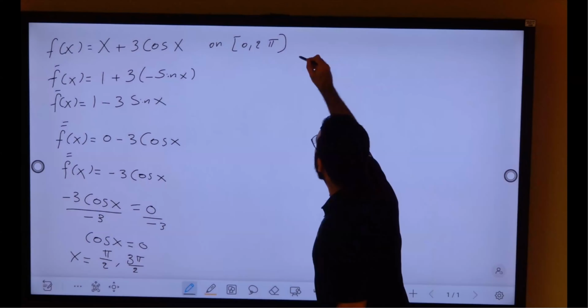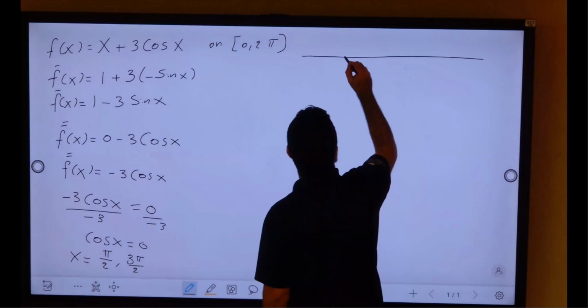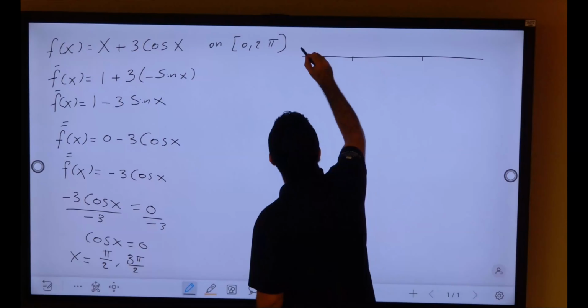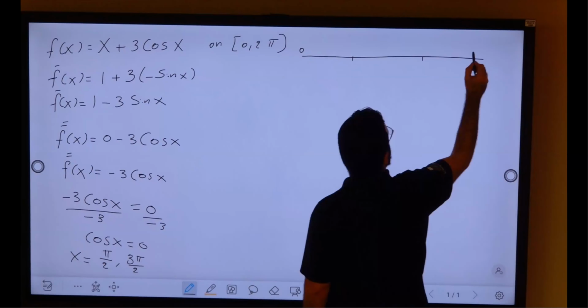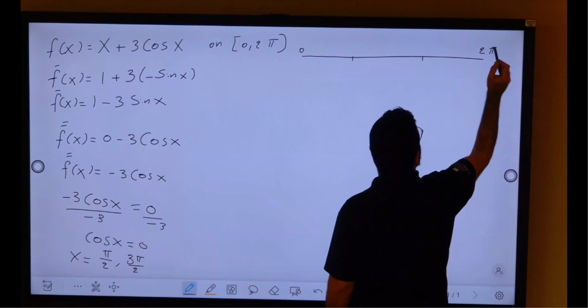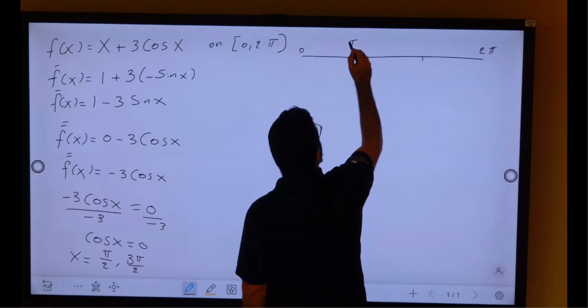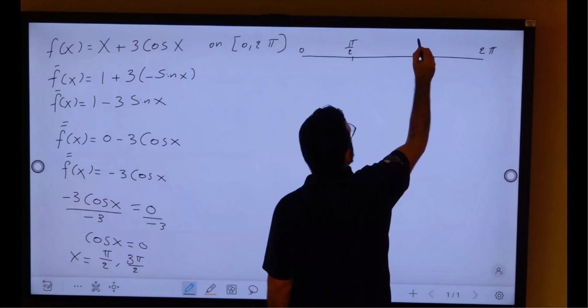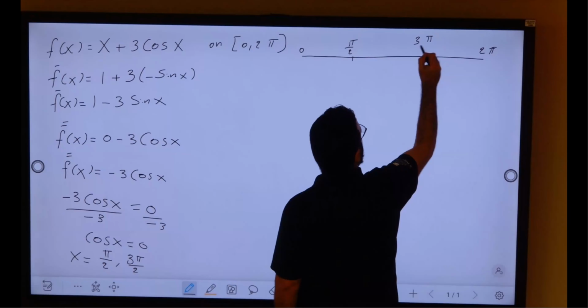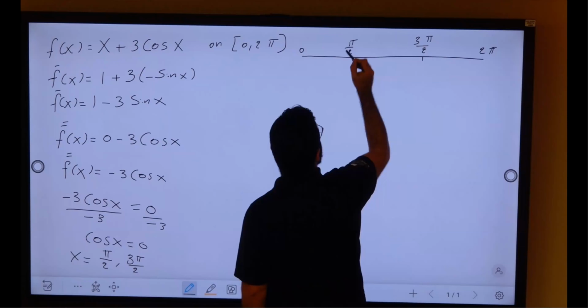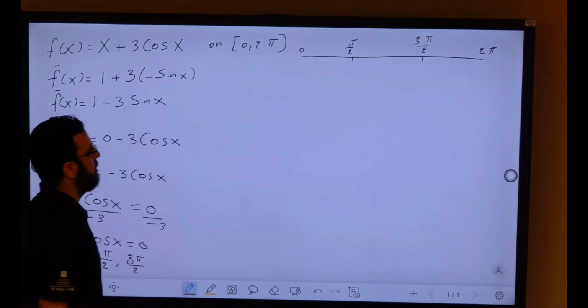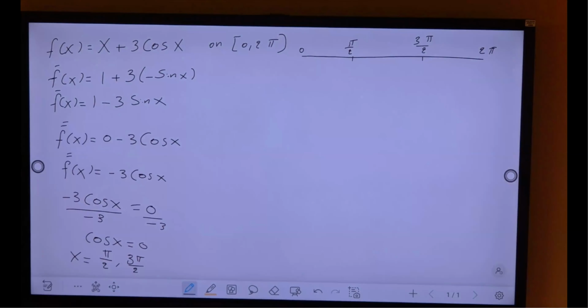That means our points are here: this is 0, and we're going to go to 2 pi. And then the points are pi over 2 and 3 pi over 2. This is 270, this is 90. Cosine 90 is 0, and cosine 270 is also 0.